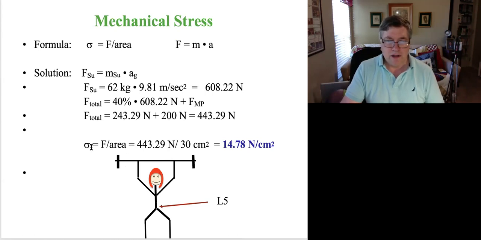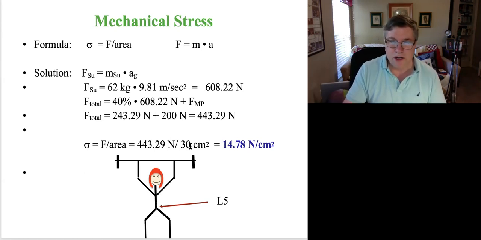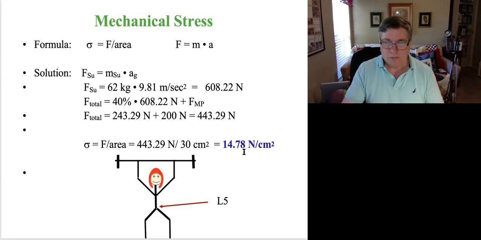That's the force. Now we have to calculate the stress, which is the force divided by the cross-sectional area. So that's 443.29 newtons divided by 30 square centimeters, and that gives me 14.78 newtons per centimeter squared. So that's the amount of compressive stress that that fifth lumbar vertebrae and the vertebral disc will have to deal with.